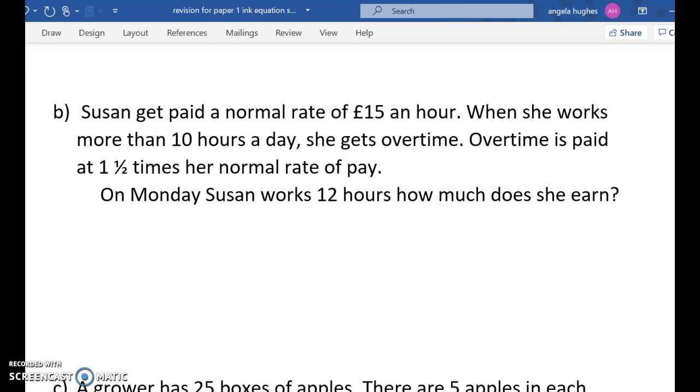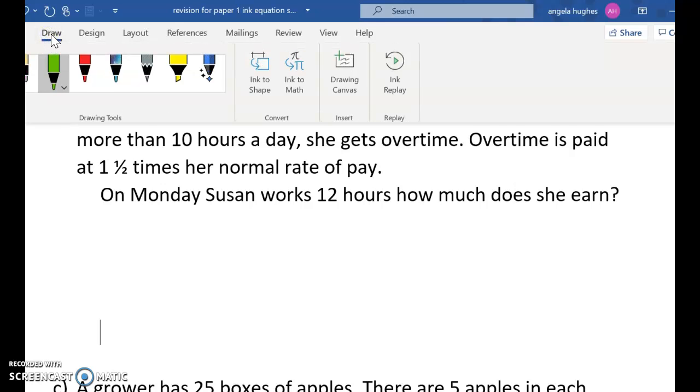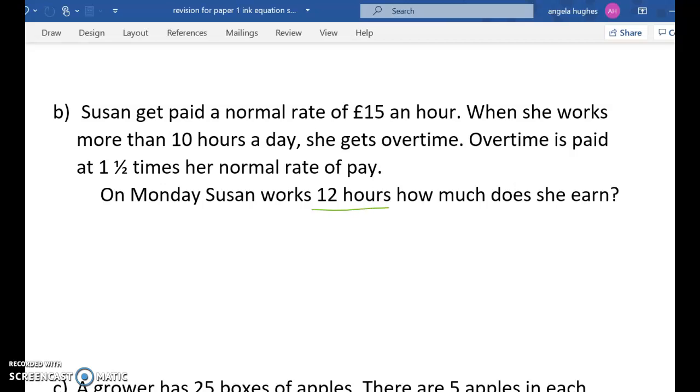So here we go. So we know that the first 10 hours of the 12 hours here, yeah, is at normal rate. So we know that that is 10 times £15, which gives us, for the first 10 hours, £150. Now for the remaining 2 hours, she gets 1.5 times her normal rate.